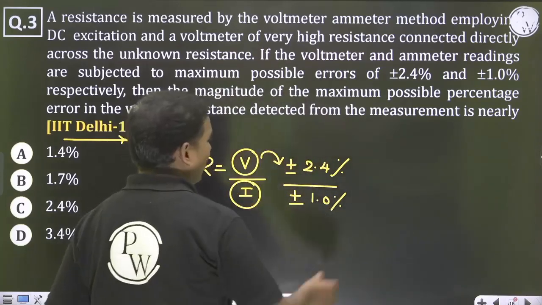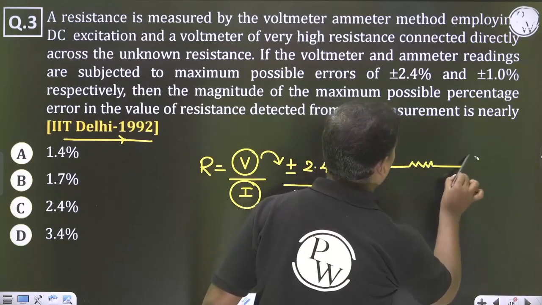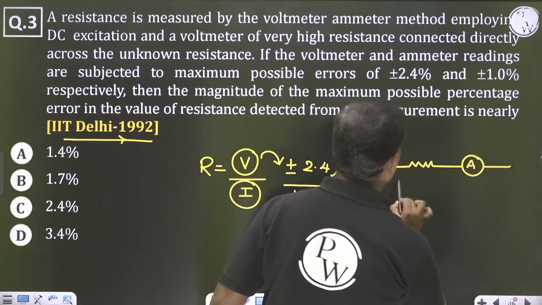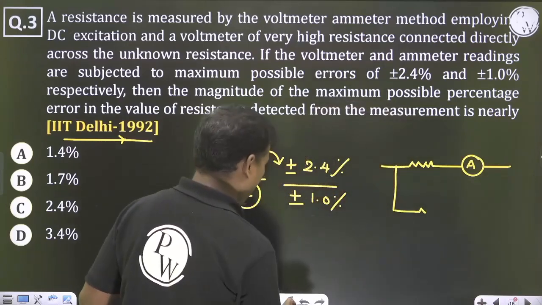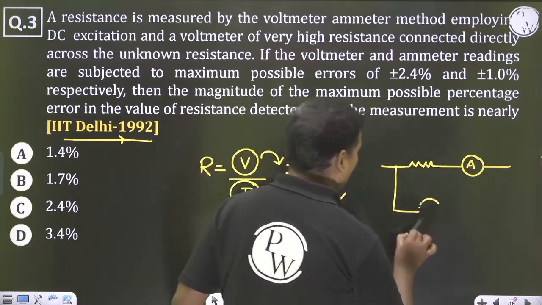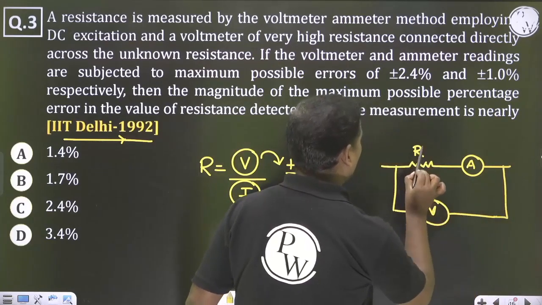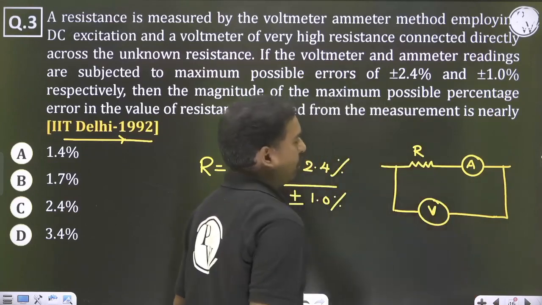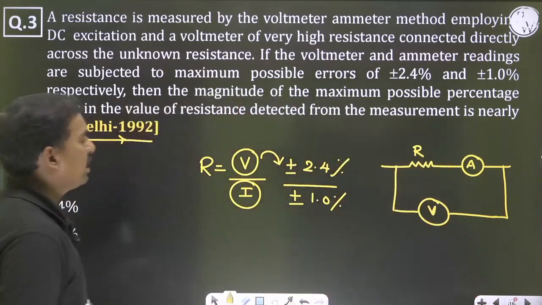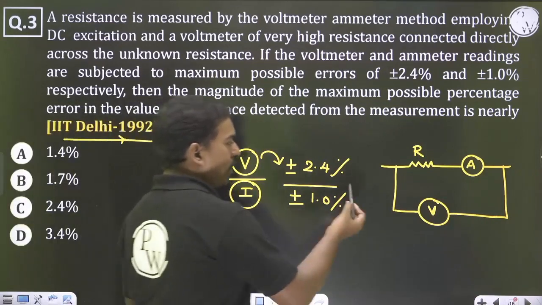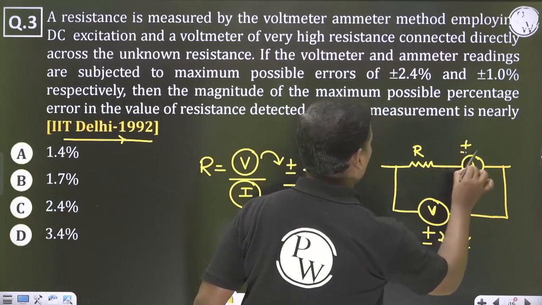In this picture, this is our resistance. An ammeter is connected in series, and in parallel we connect the voltmeter. R is equal to V by I. The percentage error in the voltmeter is plus or minus 2.4%, and in the ammeter plus or minus 1%.